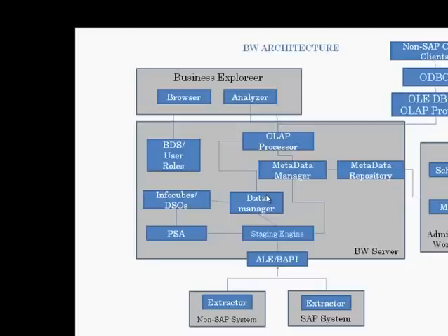So there is a data manager and a metadata manager. Metadata means data about the data. It will store all the related information of the data. In the metadata repository there are two types of metadata, one technical and one from the business point of view.